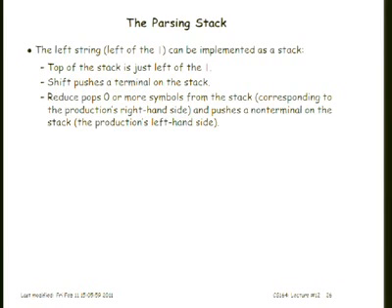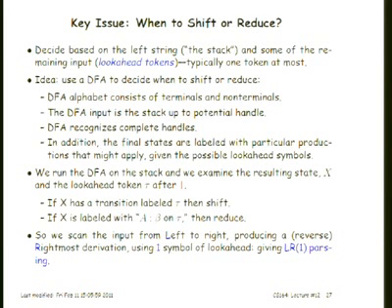And that leaves this big question of how do we shift, how do we know when to shift, and how do we know when to reduce. The idea here is that we're going to go back and resurrect the material in the lectures from previous weeks.